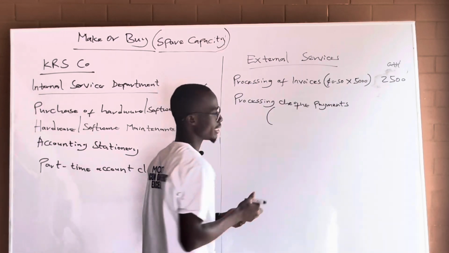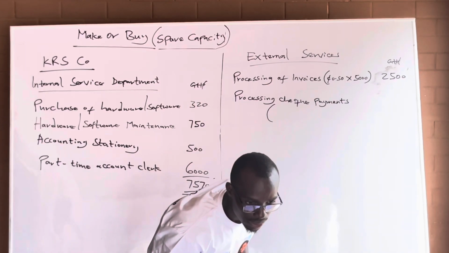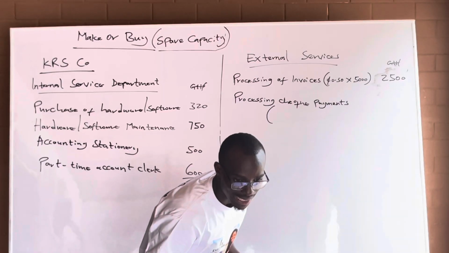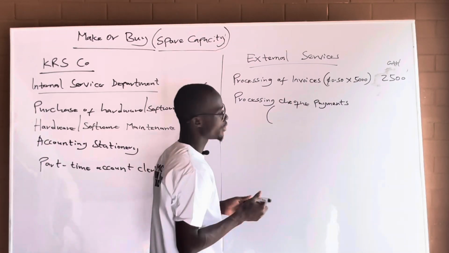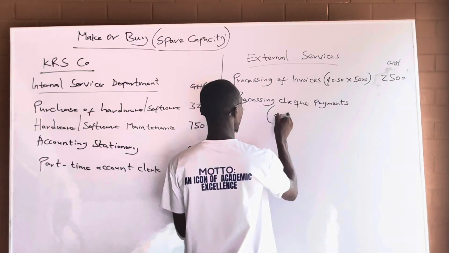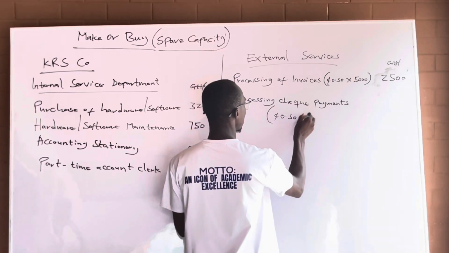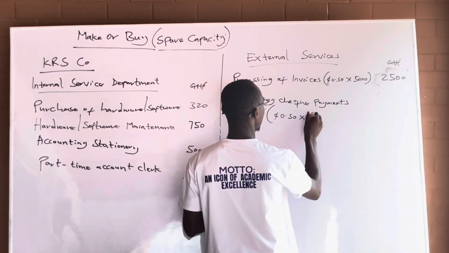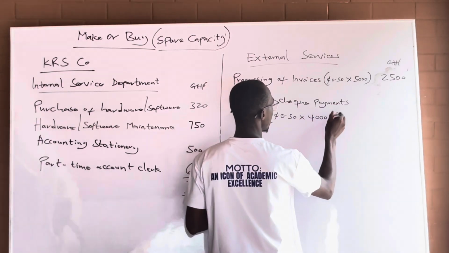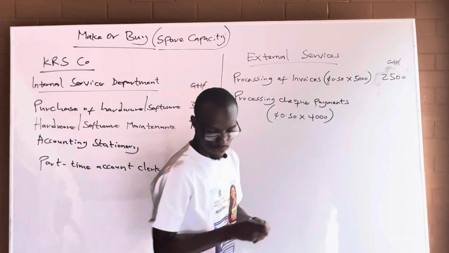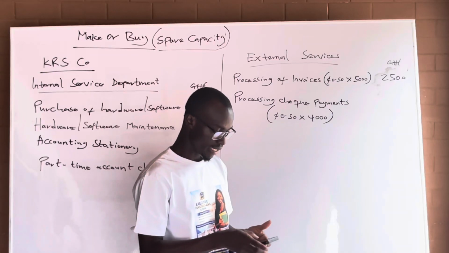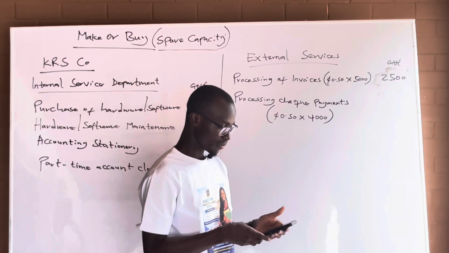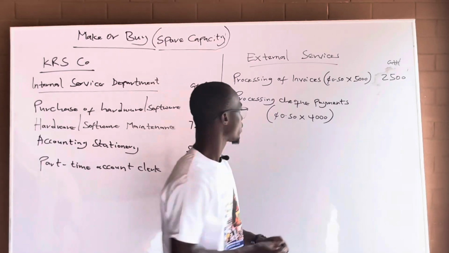That one too comes at 0.05 Ghana cedis per check, 4,000 per annum. So this one too, we need to just multiply it, then we get our figure. $2,000.